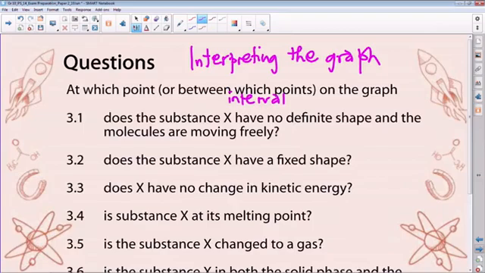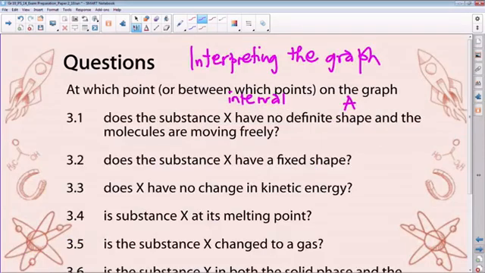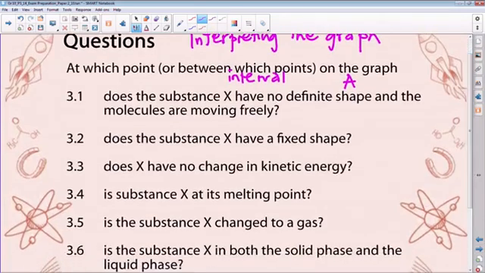In this case, if you can check, it says A until F. From A to F, we shall be constantly referring to the graph, just to make sense of it: at which points, or between which points, which is an interval A to F, does substance X have no definite shape?